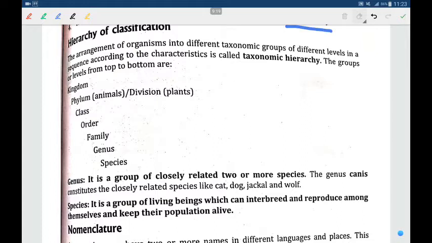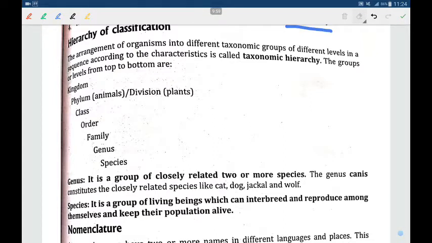Arrangement of organisms in different levels is called hierarchy of classification, arranged from kingdom to species. Remember, later on we'll be discussing classification in detail, but in class 9 we will discuss classification of organisms only up to kingdom, then division and subdivision, or class and common name. Very little, because this is class 9, isn't it?